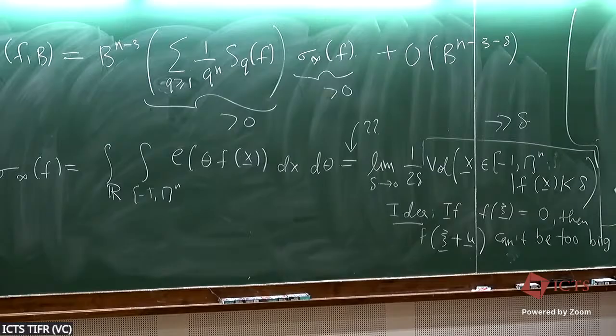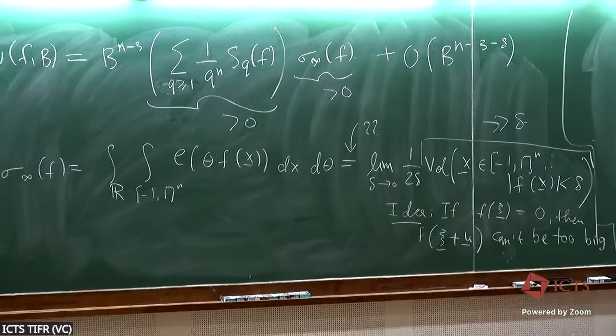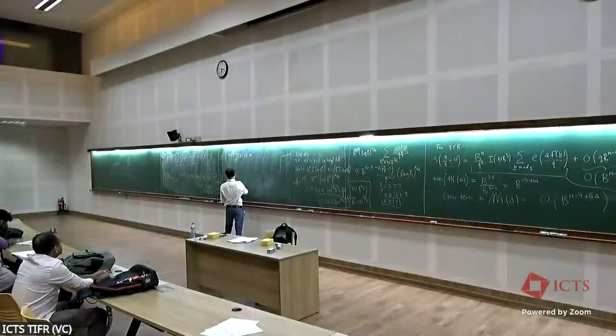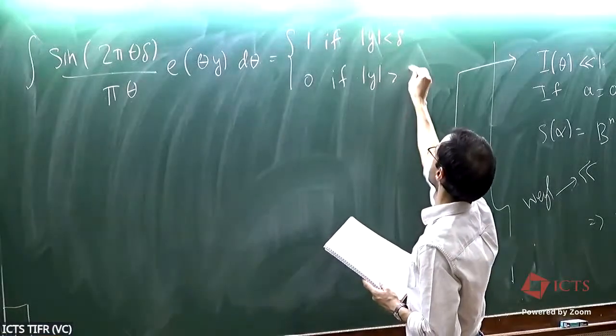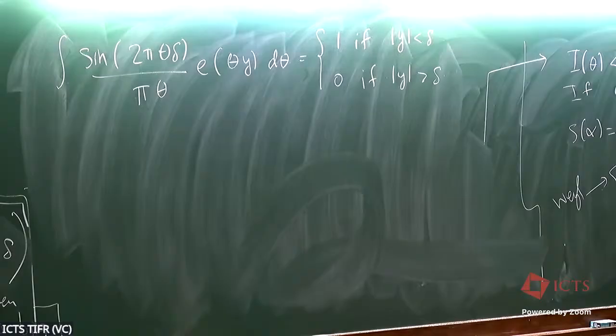So we use this, that the integral of sine of 2 pi theta delta divided by theta, e to the theta y, d theta, is equal to 1 if y is small, and this is 0 if y is big.